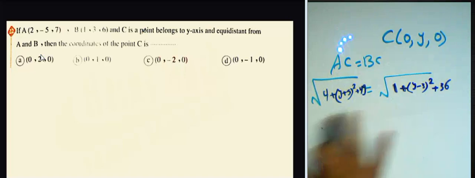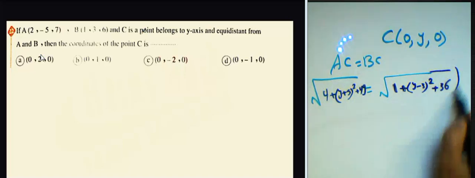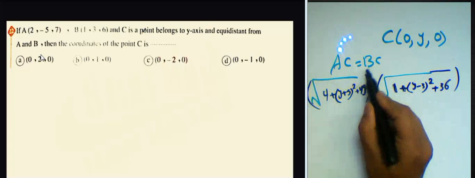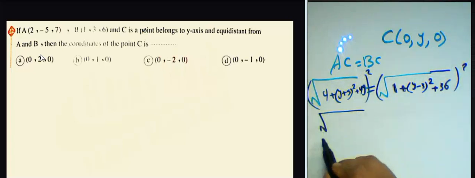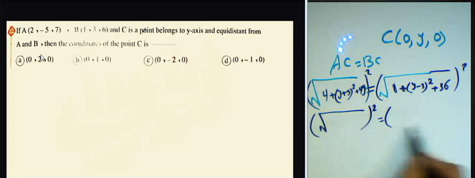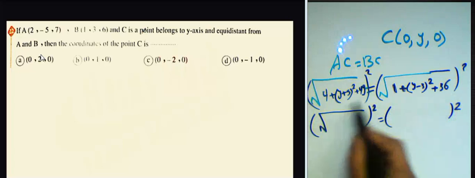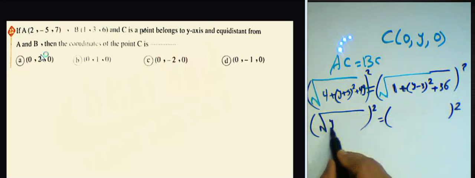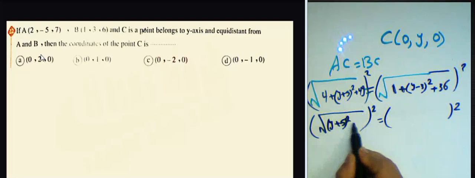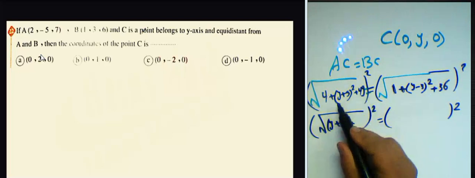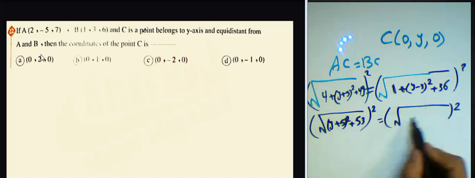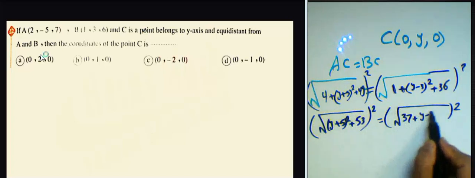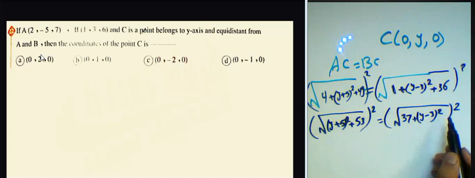We can simplify: square both sides to cancel the square root. 4 plus 49 plus y plus 5 all power 2 equals 53 plus (y plus 5) squared, and on the other side 37 plus y minus 3 all power 2.